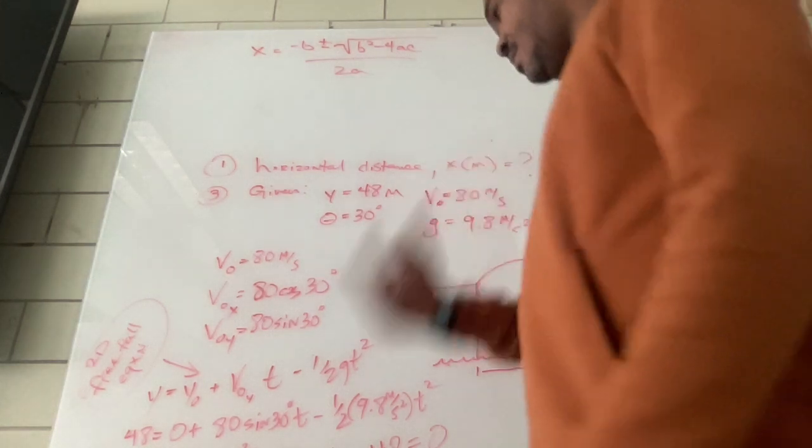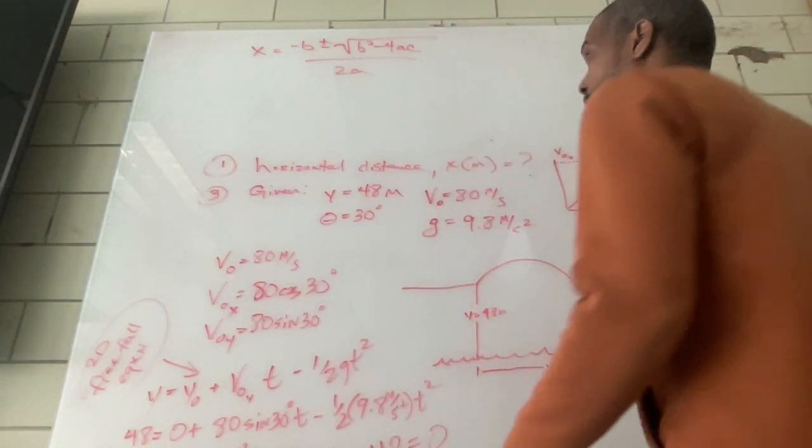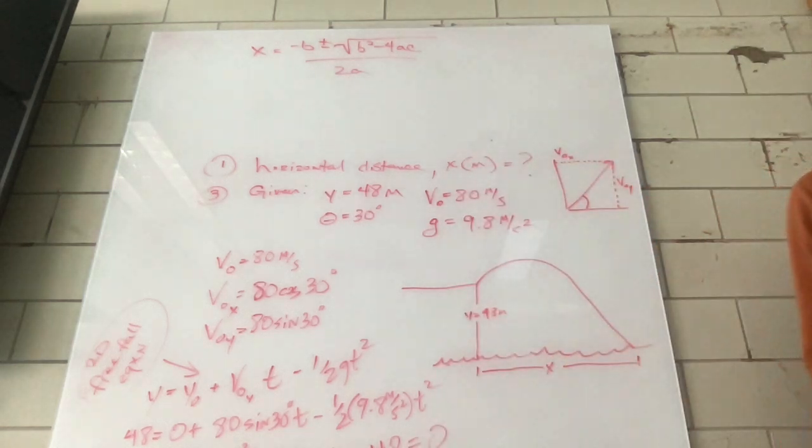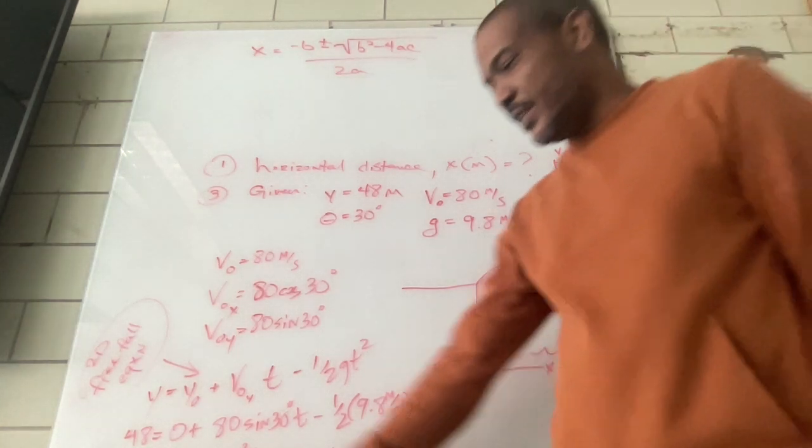So here, what is a? What's the number? There's nothing to calculate. That's why I wrote this down here.